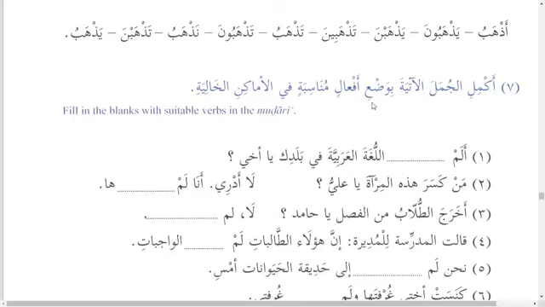أكمل الجمل الآتية بوضع أفعال مناسبة في الأماكن الخالية, by putting suitable verbs in the blanks. So fill in the blanks with suitable verbs in the mudari, in the present tense.